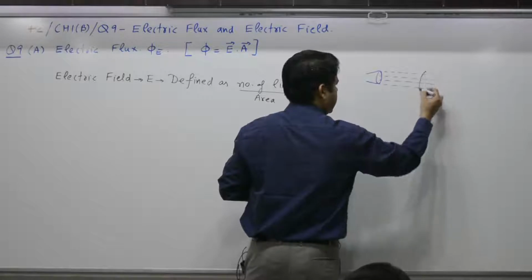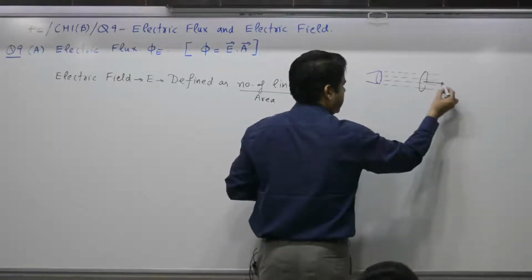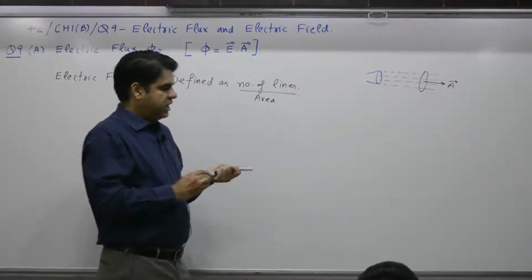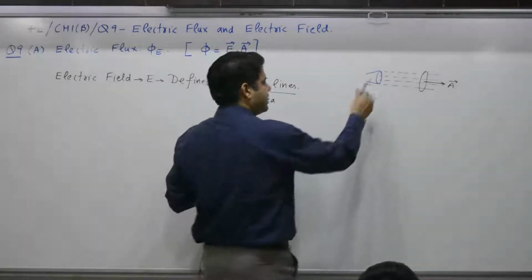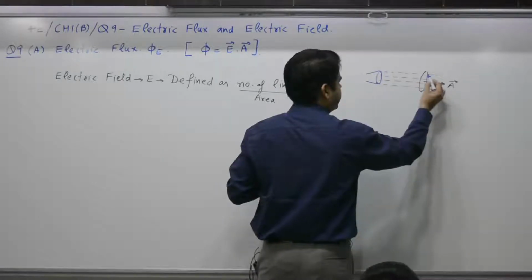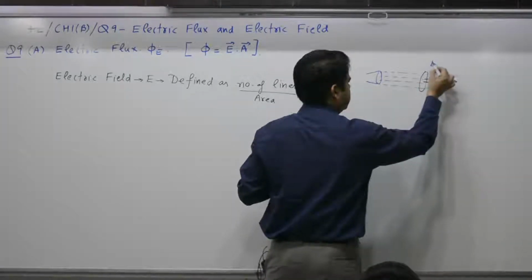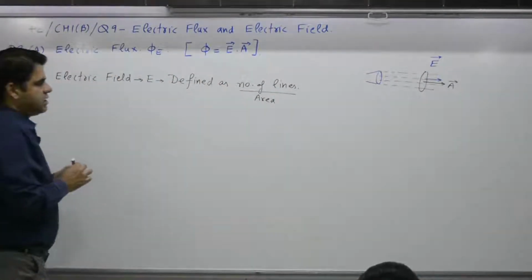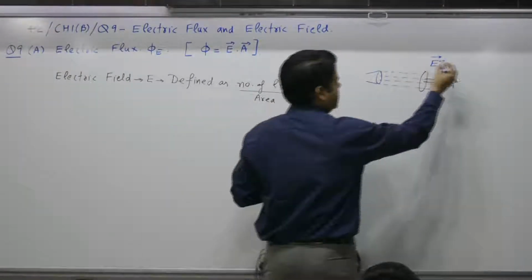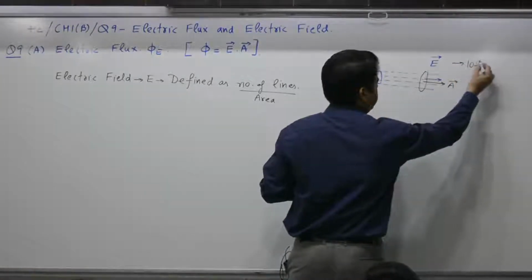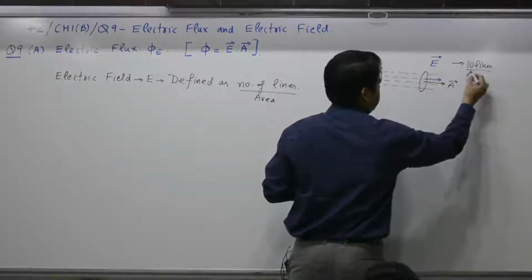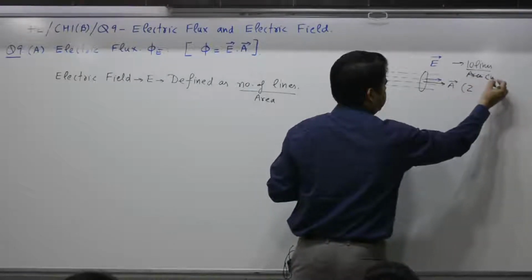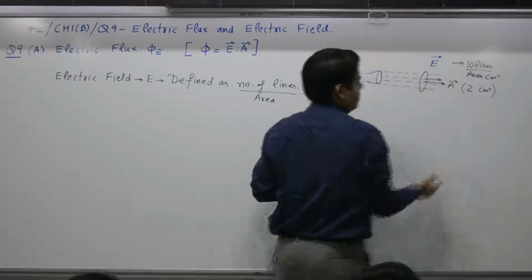We want to write it in this form. This is 1. Area is a vector quantity perpendicular to the ring. E, I was referring to light. E is the number of lines per unit area. As an example, E is suppose 10 lines per unit area, and area is 2 centimeter square.